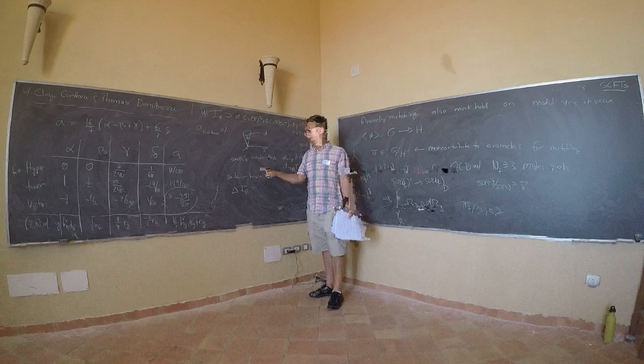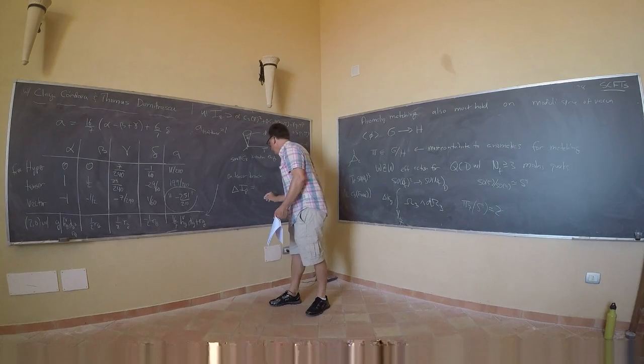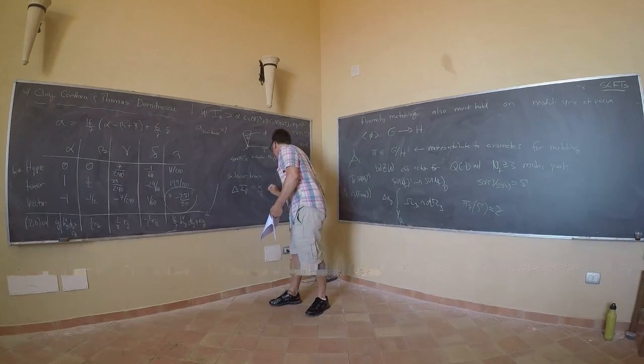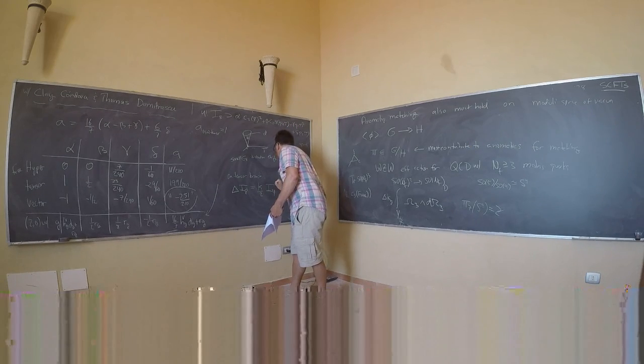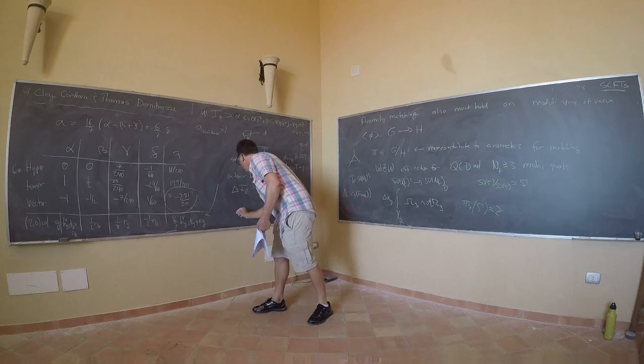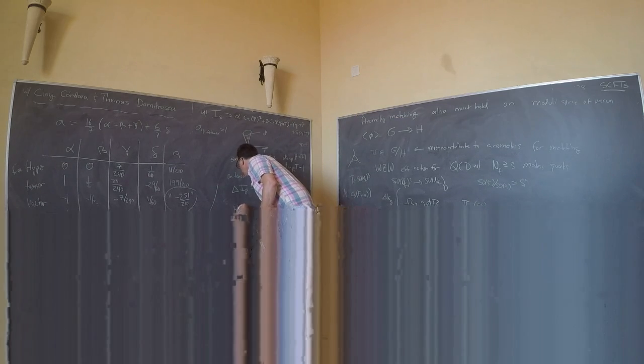And so this apparent delta I_8 could be something like I_4 squared, where here we have a 3-form.